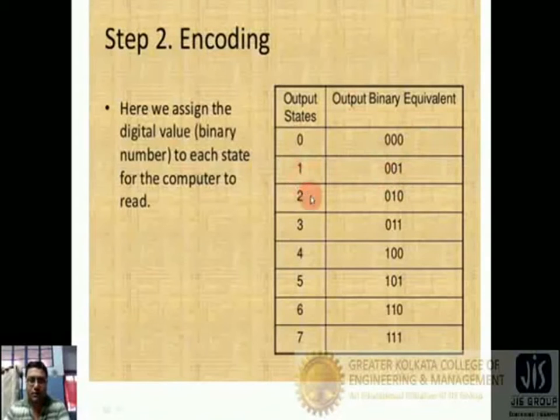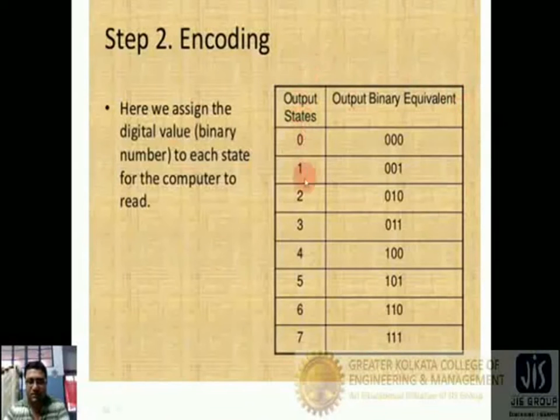You can see the output state versus the output binary equivalent number. So this is the whole process.